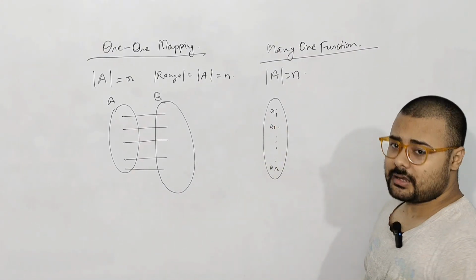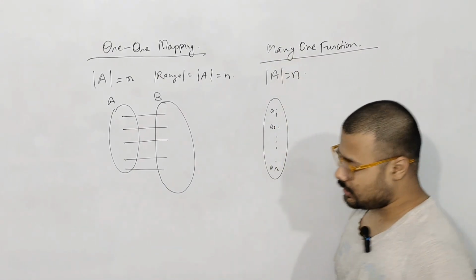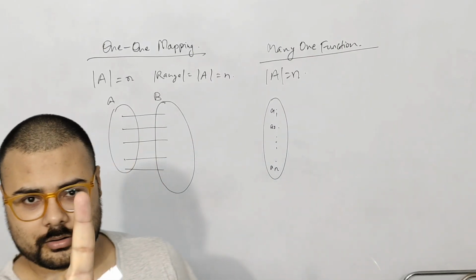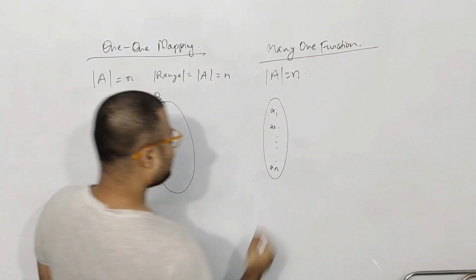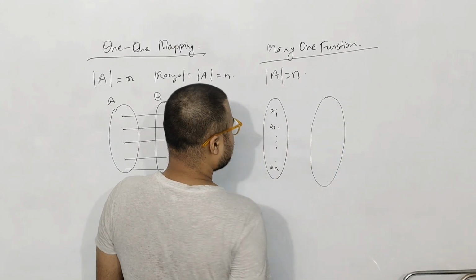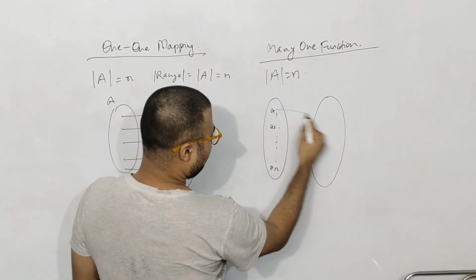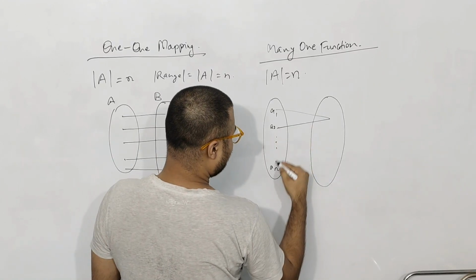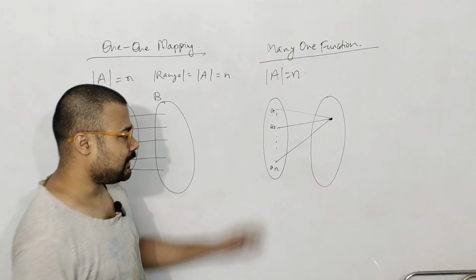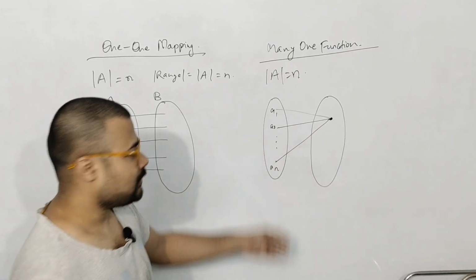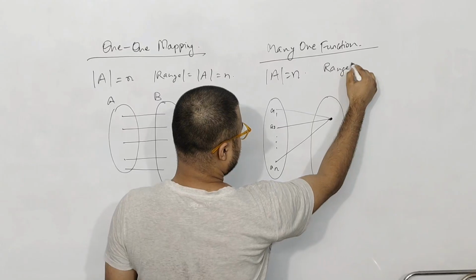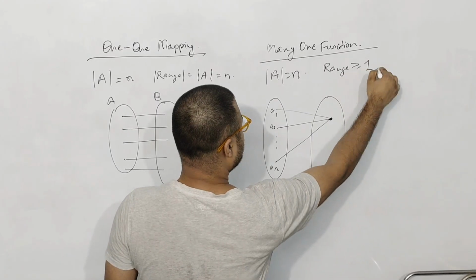If it is many-one, what is the smallest number of elements in the range? 1. Because consider the case when all the elements are mapped to just one element. Then this is a many-one function. So in case of a many-one function, the range is greater than or equal to 1.